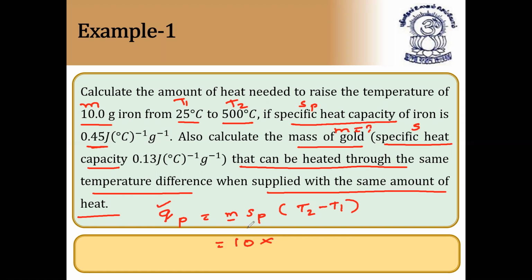So 10 into SP, that is specific heat of iron, which is 0.45, into T2 minus T1, 500 minus 25 degrees C. Temperature difference in Kelvin and Celsius are the same, so directly I'm taking 500 minus 25. 500 minus 25 is 475. So if you multiply all this, you'll get the value. It is equal to 2137.5 joules. Writing neatly.